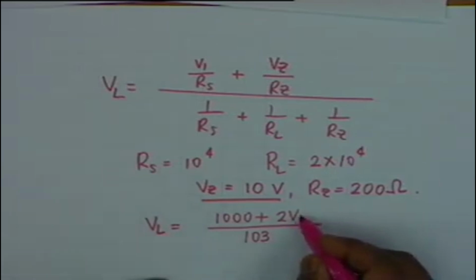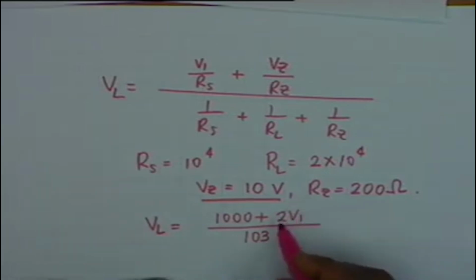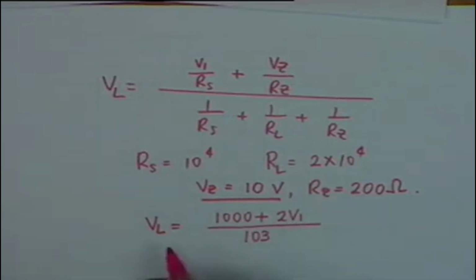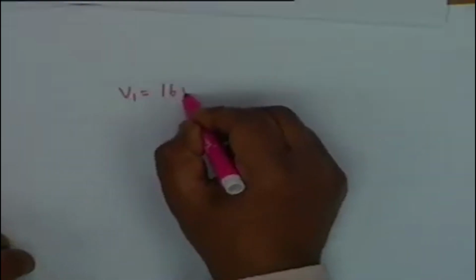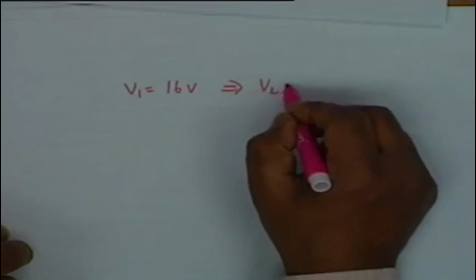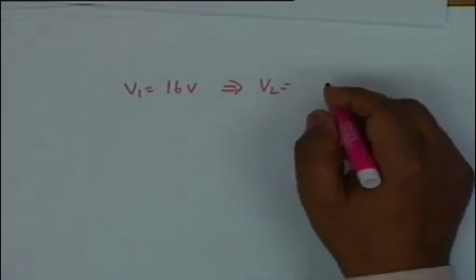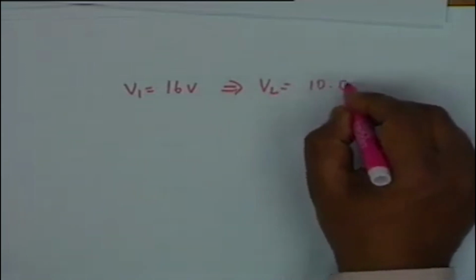Now V1, unless 2 V1 is comparable to 1000, obviously VL shall remain a constant at 1000 divided by 103, which is slightly less than 10 volts. Alright. For example, suppose V1 is 16 volt. This gives you VL equal to, I have calculated this, 10.02 volt.